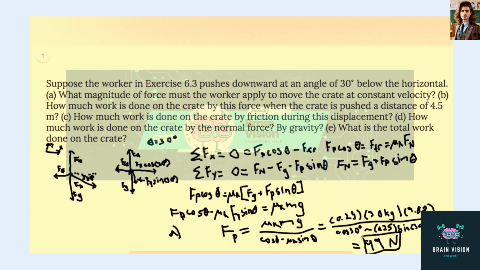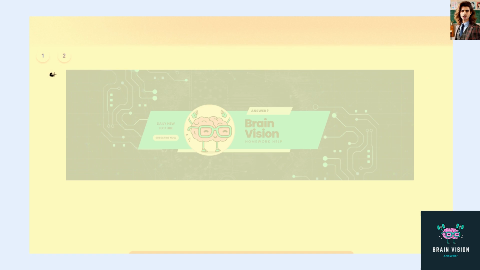And now that we have that, we can start calculating the work for the various forces here. So part B asked for the work done by this force as it's pushing the crate 4.5 meters. What I'll call Wp is equal to the magnitude of the pushing force times the magnitude of our displacement.